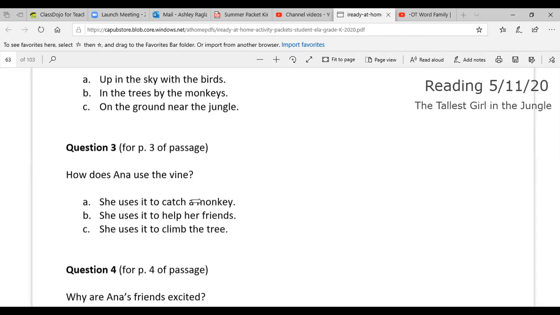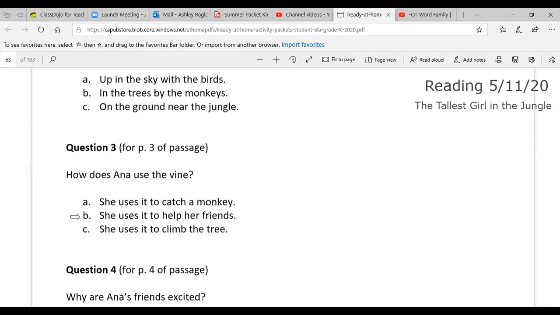A, she uses it to catch a monkey. B, she uses it to help her friends. Or C, she uses it to climb the tree. The correct answer, let's see, was it A, she uses it to catch a monkey? No, because she did not try to catch a monkey. She may have seen some monkeys, but she wasn't trying to catch one with a vine. Was it B, she uses it to help her friends?